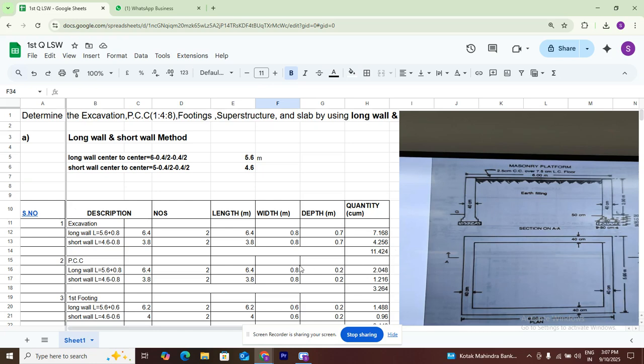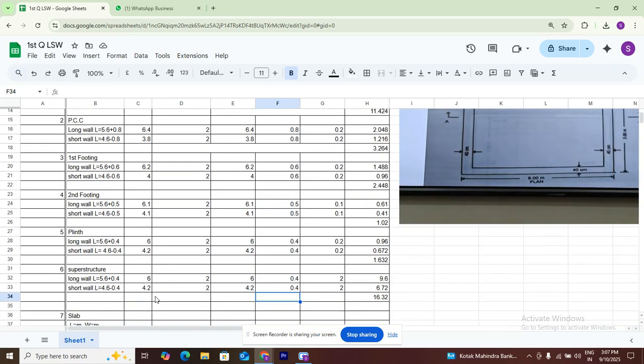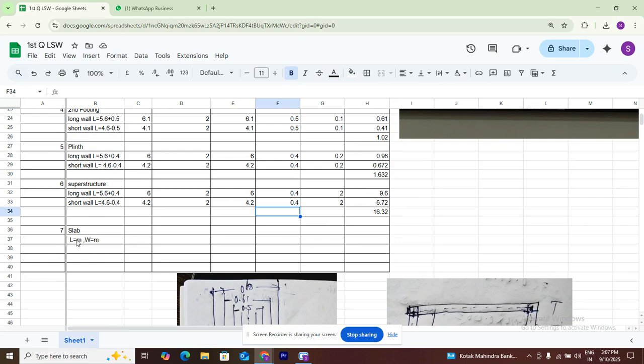This is not given specifically, so I will consider 150 mm as the thickness of the slab. What is the length? The length is overall. We need the slab to cover overall. We need to project also 150 on either side, but now there is no need. That's why we consider the overall slab as 6 meters on one side, and this side is 5 meters. Number is one only.